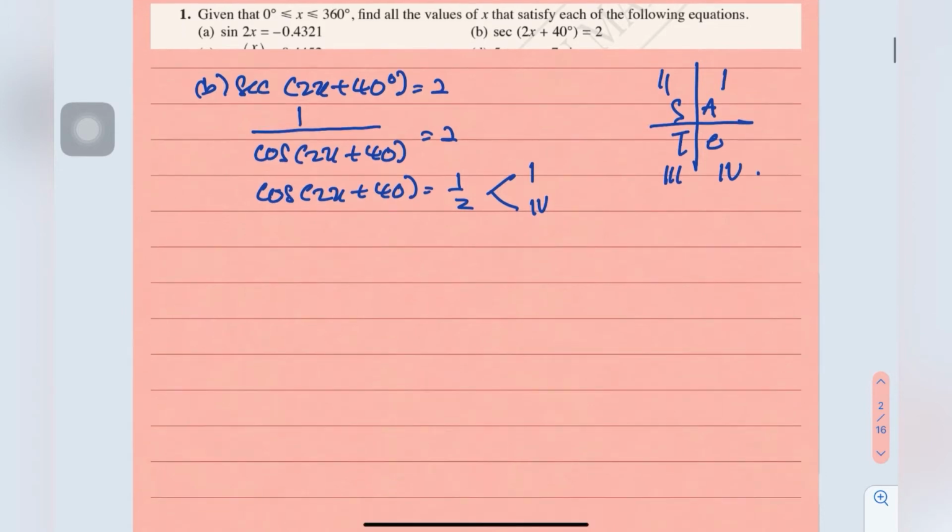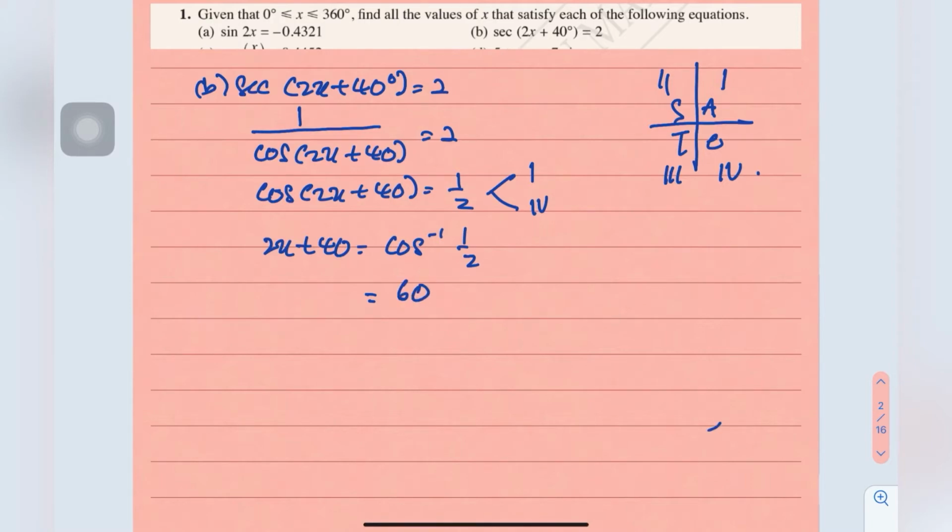To find 2x, 2x plus 40 equals inverse cos 1 over 2, which equals 60. 60 is in quadrant 1.